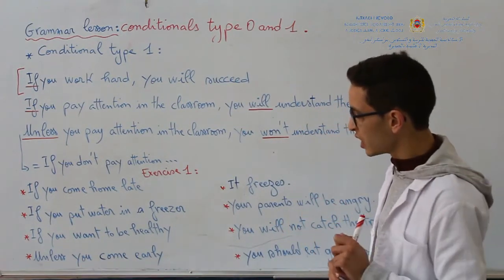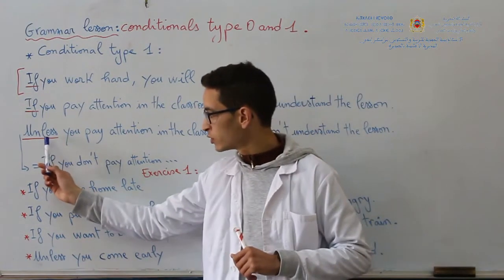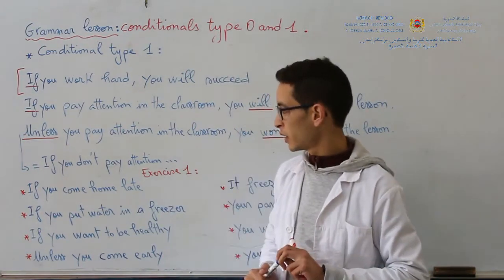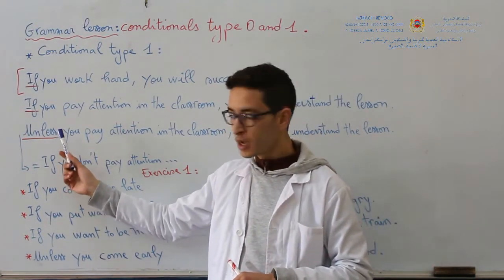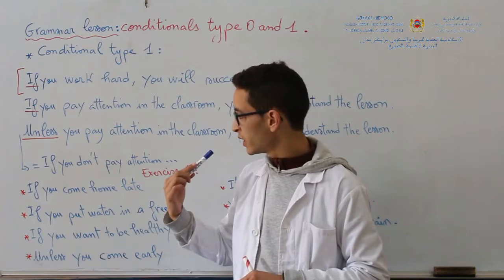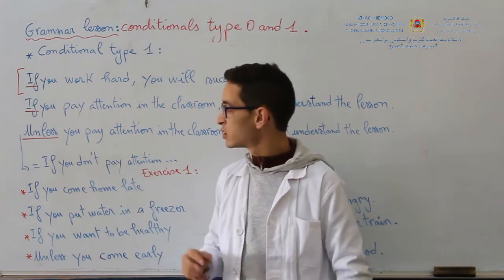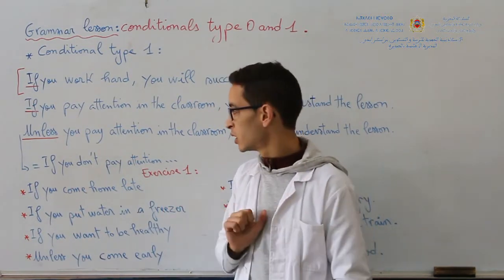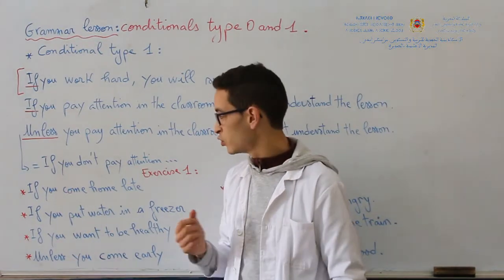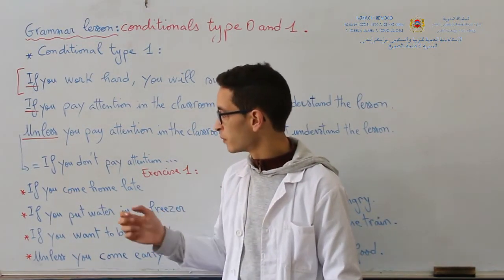Now, let's see an example where we have another word which expresses a condition, which is the word unless. So, what does unless mean? It basically means if not. This is the definition that you may find in a dictionary.